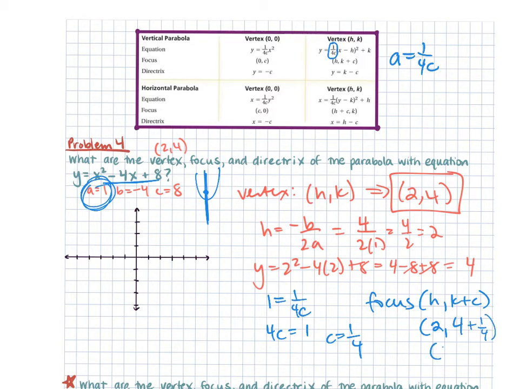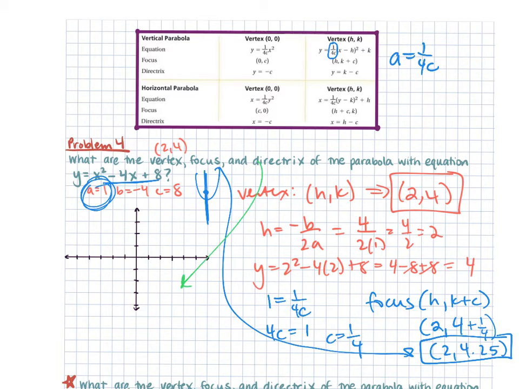So my focus is 2, excuse me, 4.25. I'll change that to a decimal. So that's the focus. And then the directrix is just y equals k minus c. In this case, k is 4, and c is 1/4, so this equals 3.75. So this is y equals, it's a line, remember.